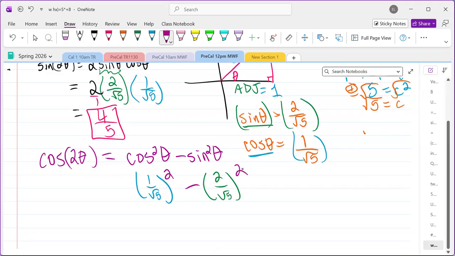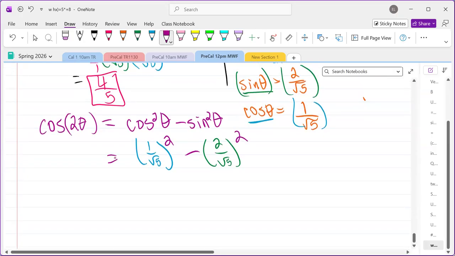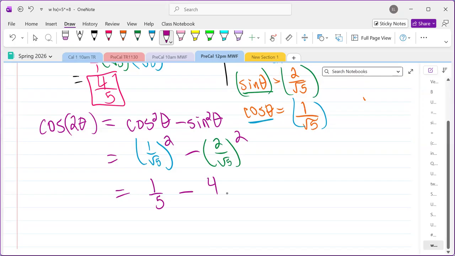So each of those are squared, and then we're minusing them. So 1 squared is 1, square root of 5 squared is 5, minus 2 squared is 4, square root of 5 squared is 5. So 1/5 minus 4/5 is negative 3/5.